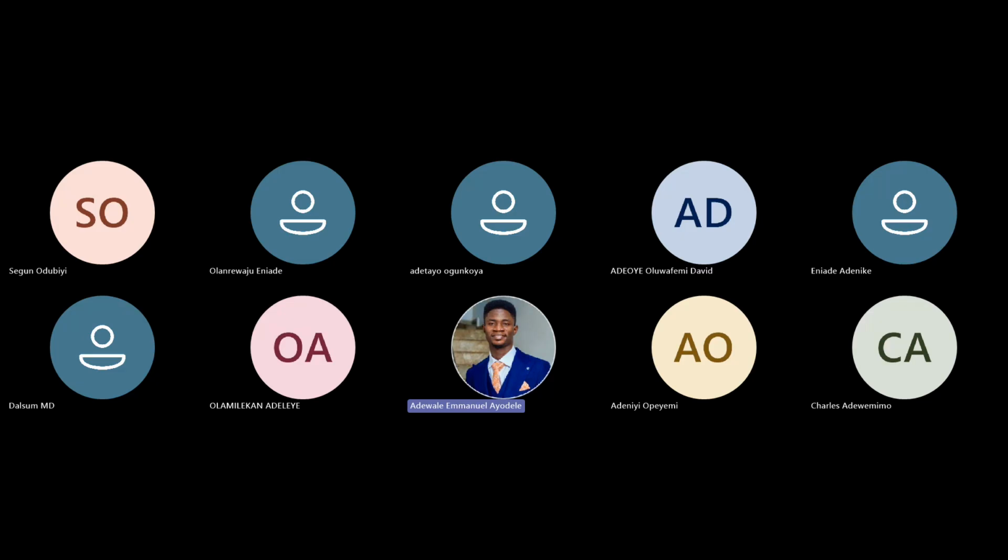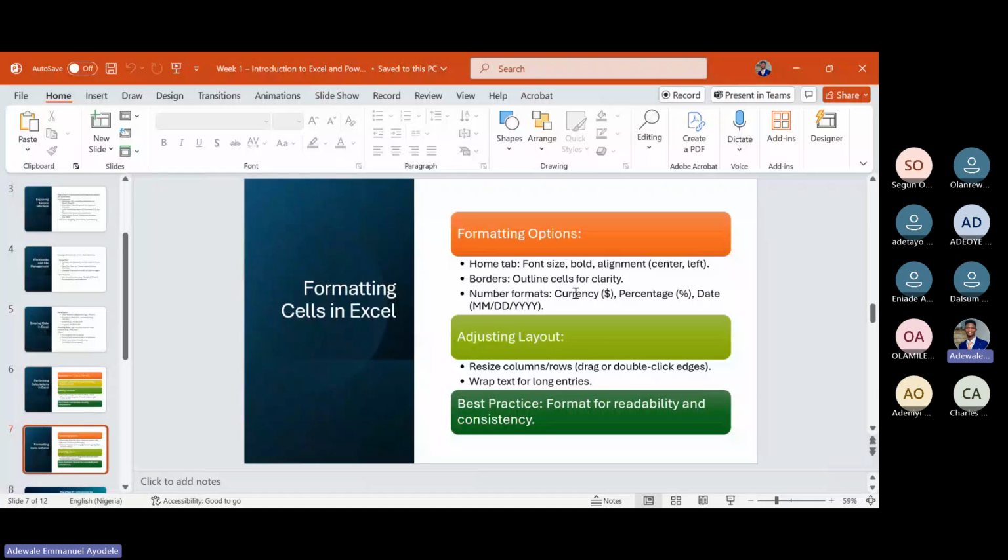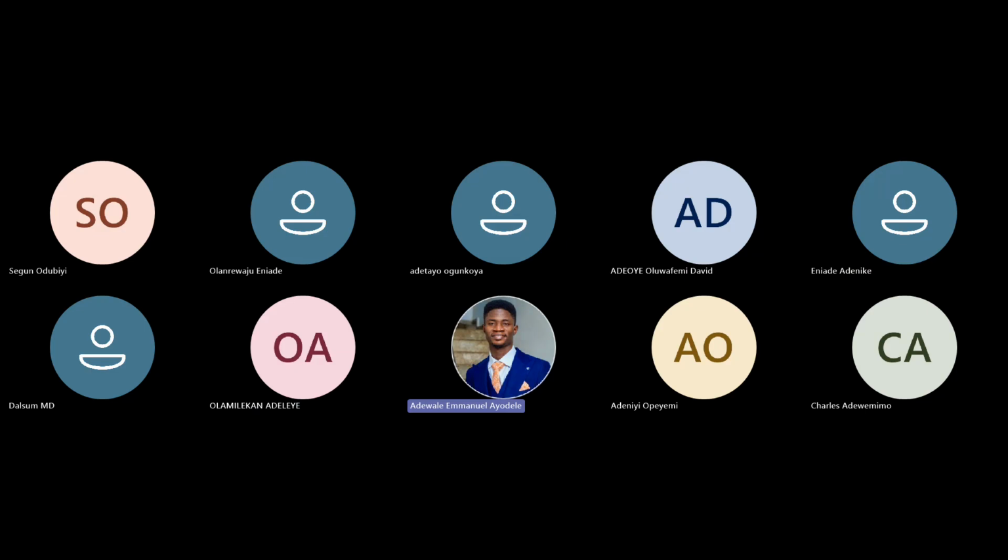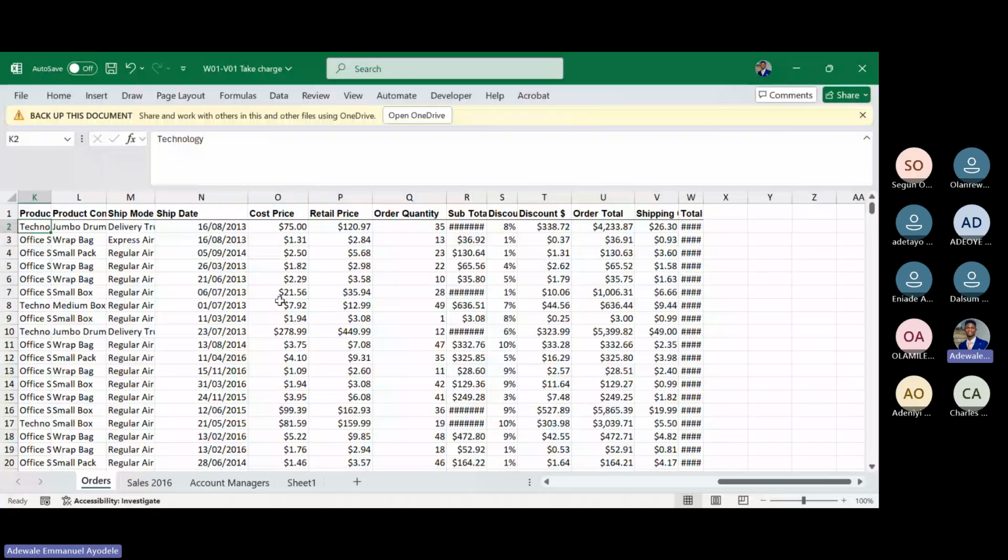You can do the font size, make it bold, or center the alignment. I'm going to practicalize this, so I hope your network is good because I'm changing screens from one place to another. You can see that the first row represents my variable names.